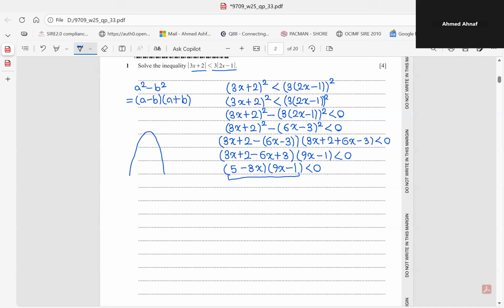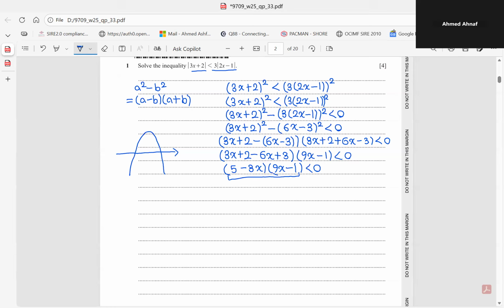It would be a sad face graph, as I like to call it. Now we should put our roots in here. Our roots are going to be 1 over 9 and 3 over 5. If you equate each of the factors to 0 and solve for x, you would get those answers.